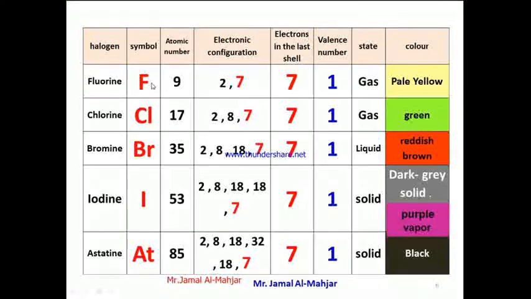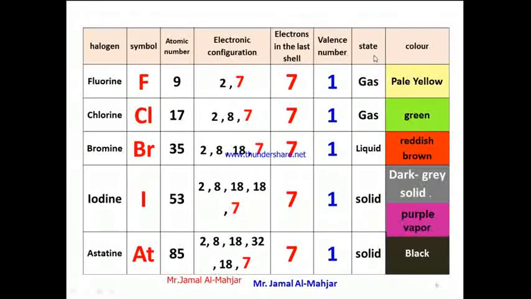As I said, fluorine is the most reactive, and iodine is the least reactive. Now by increasing the atomic number, the reactivity decreases. So it is inversely proportional. If the atomic number increases, the number of electrons increases, so the reactivity decreases.